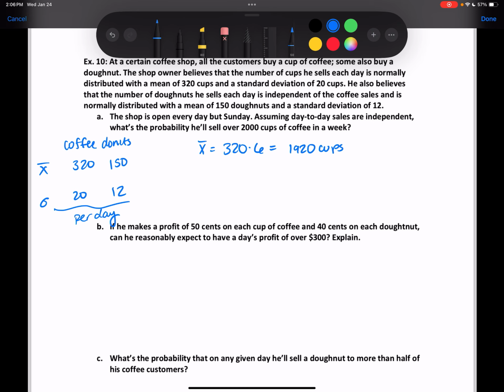Standard deviation. It would be square root of 6 times 20 squared. In case we take the standard deviation, square it, multiply by 6, and then take the square root of all that.